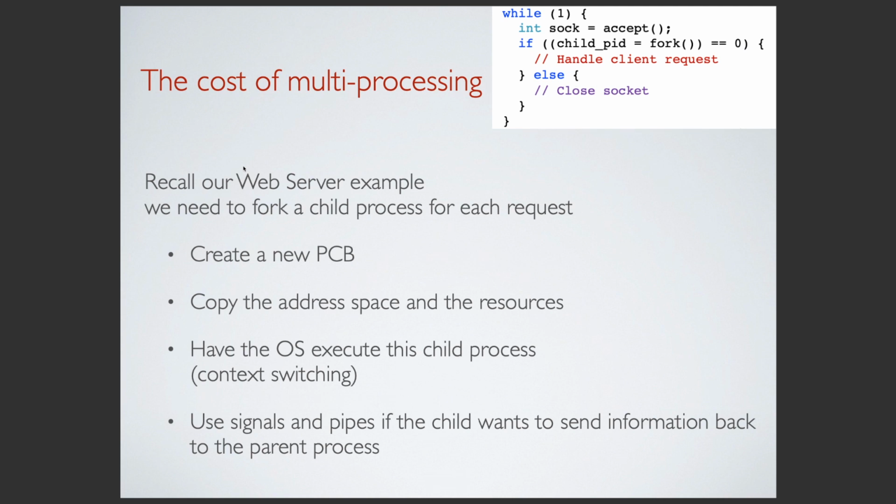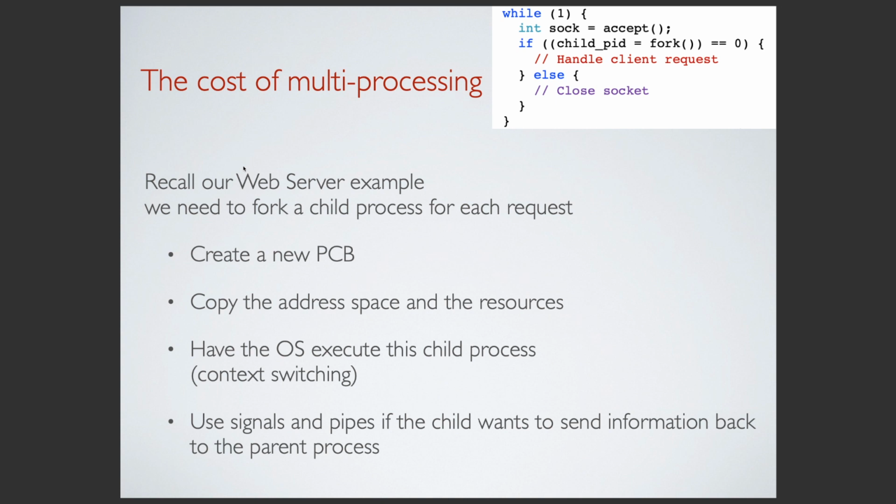But this kind of multiprocessing has a cost. Okay, so if I go back to an example I used last week, which is the web server, the idea was as follows, right? You have a web server, the web server receives a lot of requests. For every request, you're going to create some kind of child process to handle that request. The idea here is to take advantage of multiprocessing to process all of these requests in parallel.